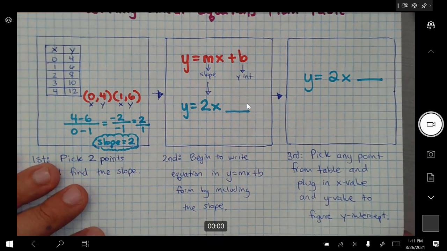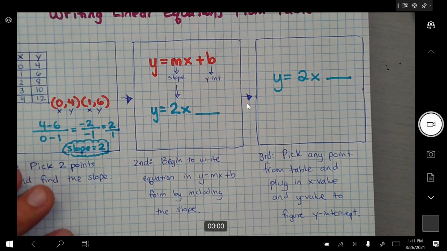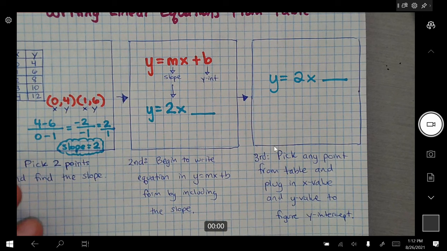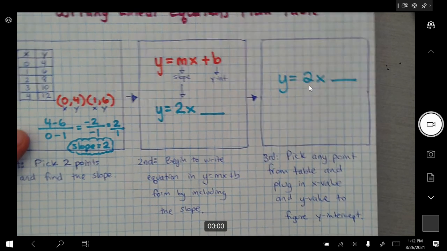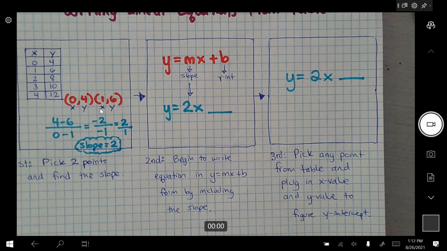It's a big note, but you guys are going to get this, I promise. So pick any point from the table and plug in the x value where the x is and the y value where the y is to eventually figure out how to make this make sense. All right? Go ahead and write that down.